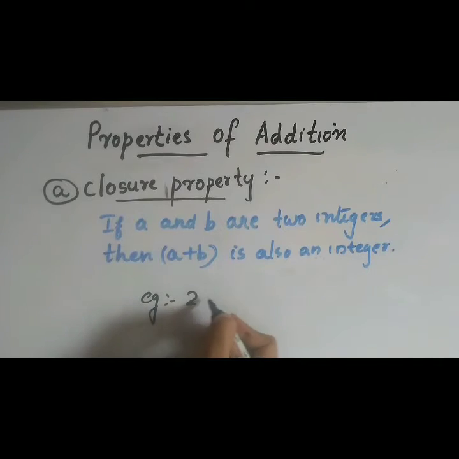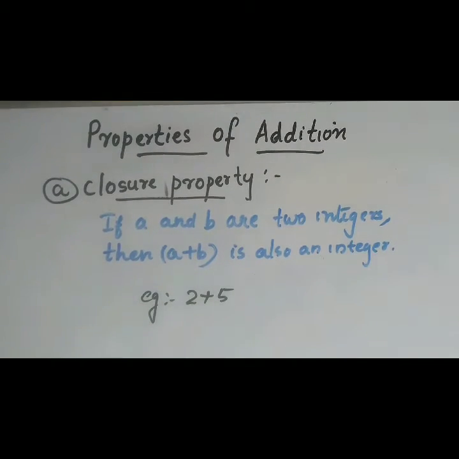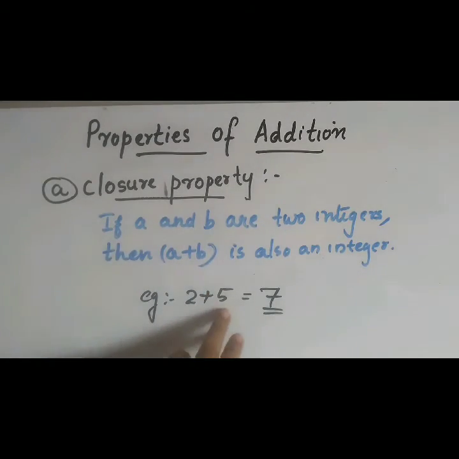Two digits, 2 plus 5. Both are integers. What's the result of this? 7. 7 is also an integer. So closure property is proved.